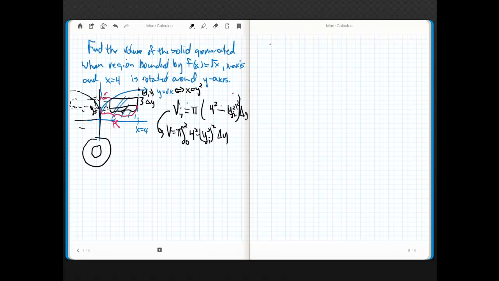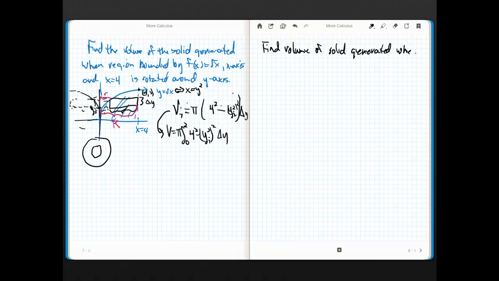Watch this. I'm going to write a crazy problem, okay? I'm going to find the volume of the solid generated when the region, notice how I'm trying to get you used to this terminology, this region bounded by the x-axis and f of x equals negative x squared plus 2x is revolved or rotated.